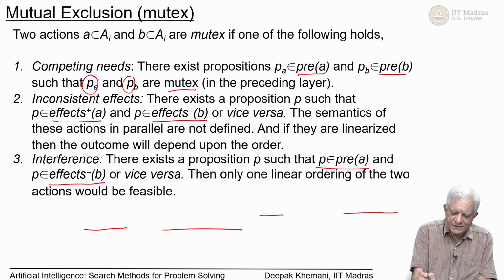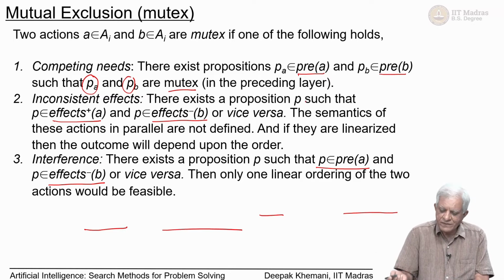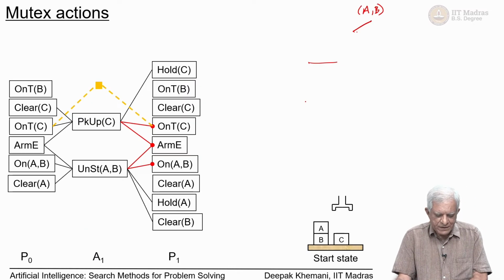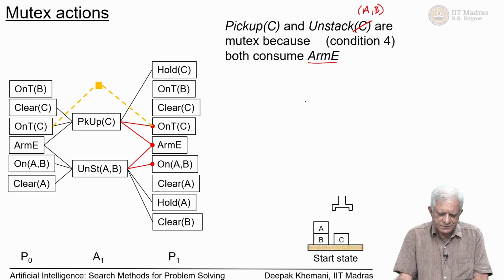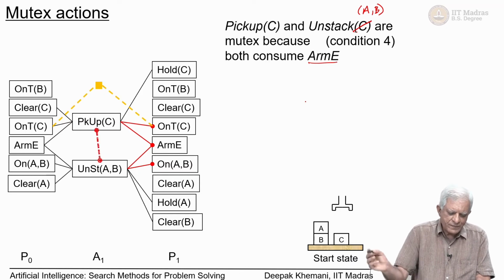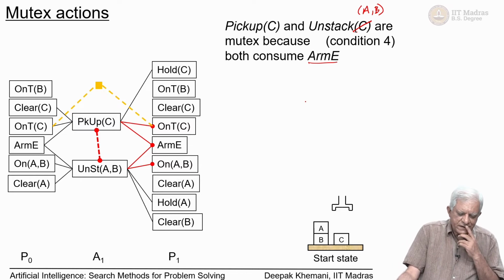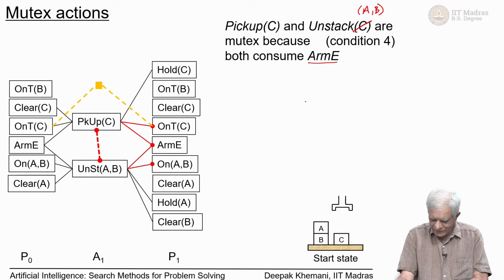There is a proposition P such that P is a positive effect of A and P is a negative effect of B. So, for the case of this no op action, you can see that this no op action has a positive effect which is on table C, because it is a no op. On table C was true to start with and no op says that on table C will be true to end with. But pick up C says that on table C was true to start with, but it is deleted in the next layer. So, it is a negative effect essentially.